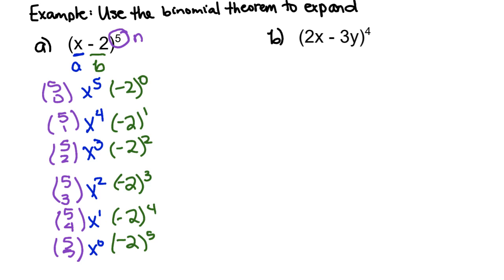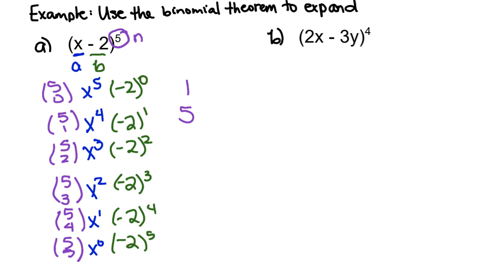So we can use our calculator to do 5 choose 0, 5 choose 1, 5 choose 2, 5 choose 3, 5 choose 4, 5 choose 5. I recommend doing it that way. So 5 choose 0: how many different ways can I choose 0 things? Well, just the one way. I choose none of them. 5 choose 1: how many ways can I choose 1 thing out of 5? 5.